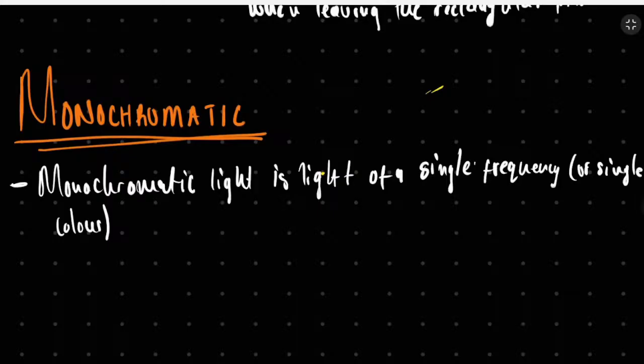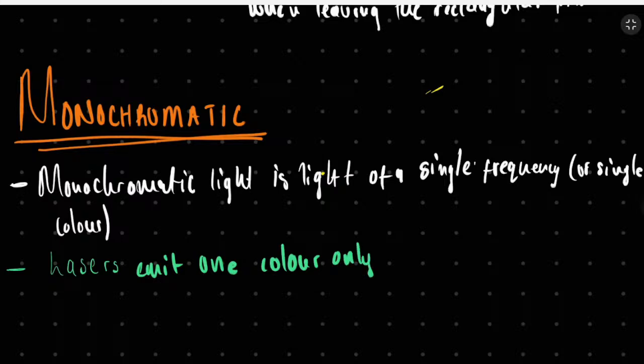The things that can emit such type of light are called lasers. Do they do monochromatic? Yes. Lasers emit one color only. We know that if there were different colors, they would move differently in different mediums when they get into glass and so on. But for monochromatic, it should be the same.